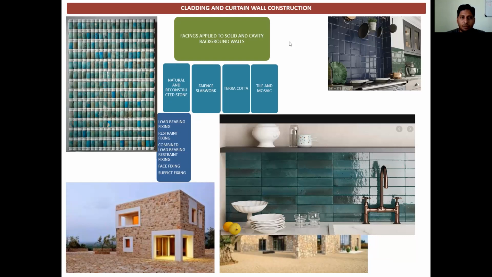It is not only applied on the walls, it can be applied on the roof and on the floors too. Landscape elements can also be made out of this kind of material.